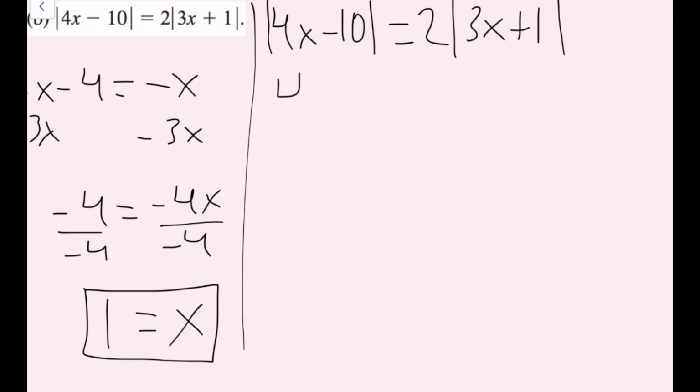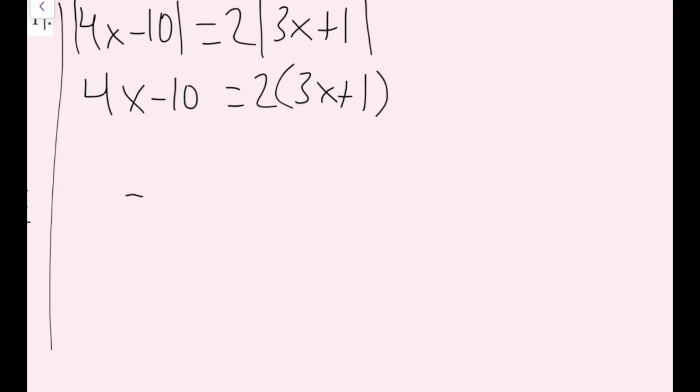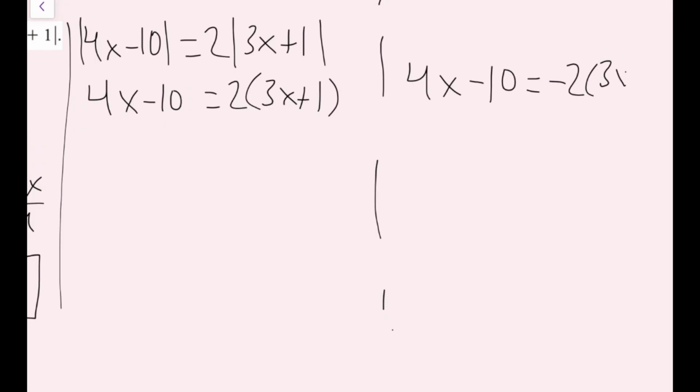So I'll rewrite my equation as 4x minus 10 equals 2 times 3x plus 1. And then my other equation is going to look like this. I'm going to zoom out a little bit so we can have both. It's going to be 4x minus 10 equals negative 2 times 3x plus 1. Okay, so first thing I'm going to do is distribute.